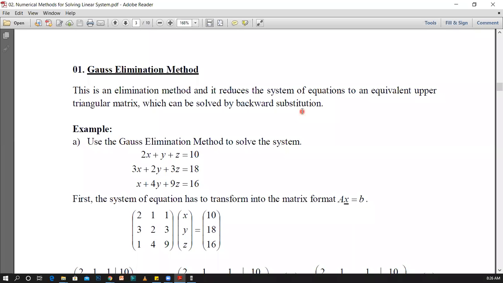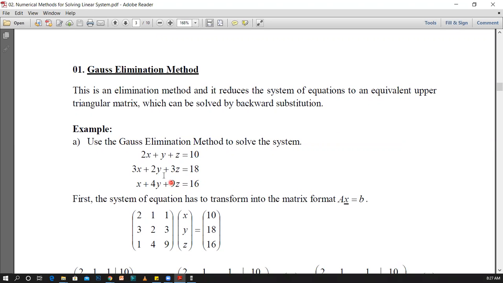Okay, this is the example that I am going to discuss for the Gauss elimination method. Here you are asked to use the Gauss elimination method to solve the following system. There are three linear equations, all containing the variables x, y, z, and on the right hand side there are constant terms.